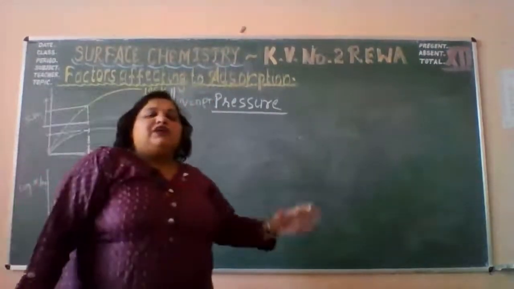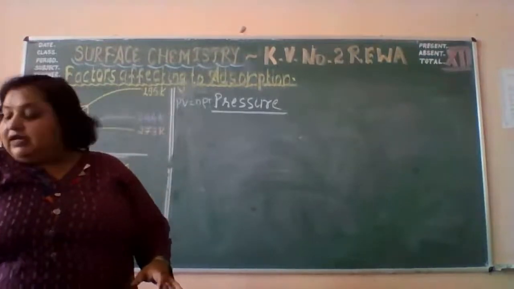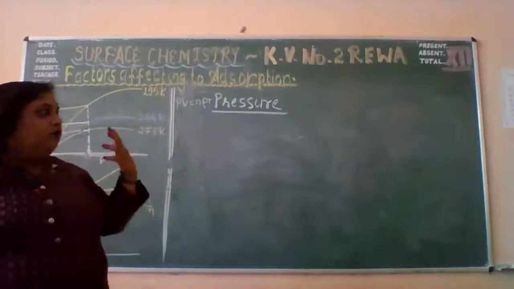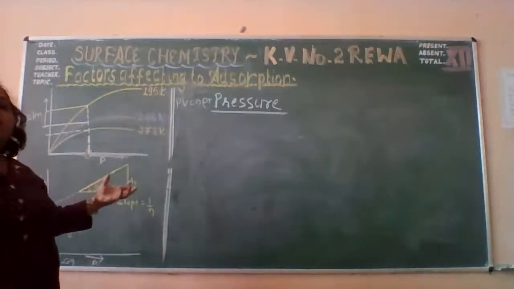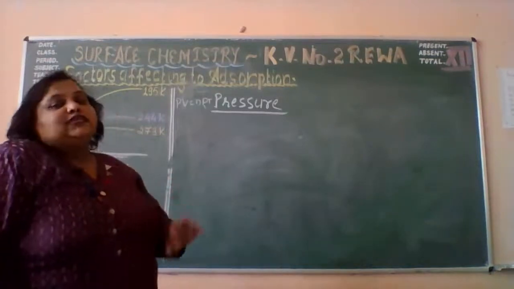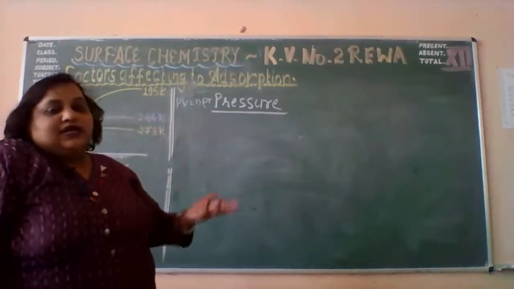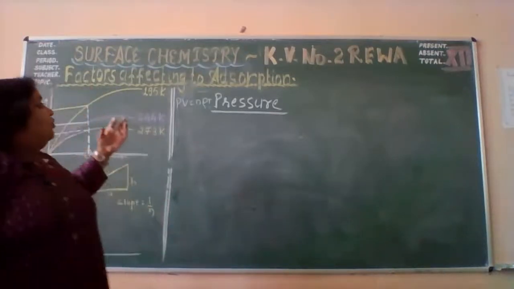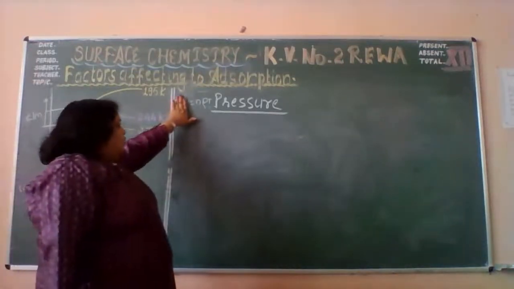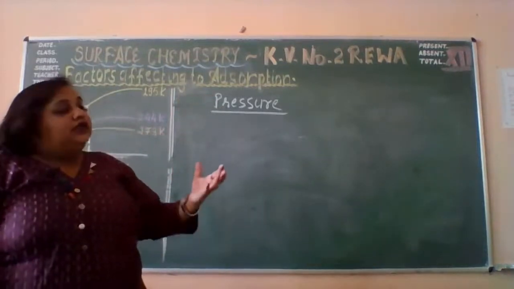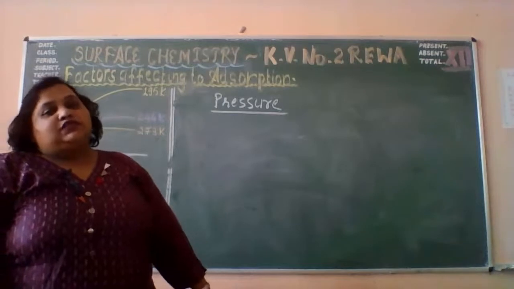From here we can come to the conclusion. Whenever we discuss anything with the help of a graph, that means it is studied experimentally, and science always goes for experimental verification. So Freundlich has given the adsorption isotherm. The word isotherm means here the temperature will remain constant.